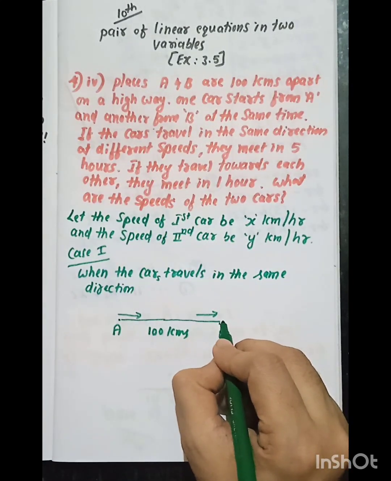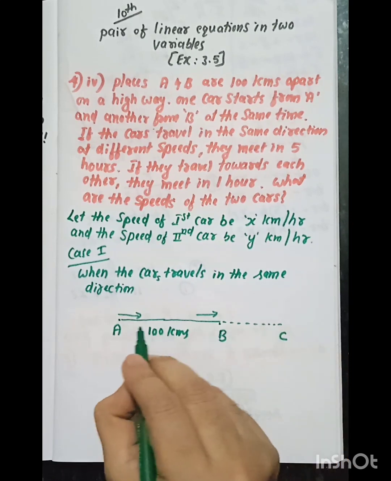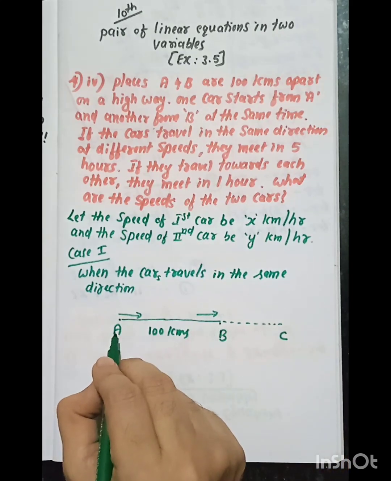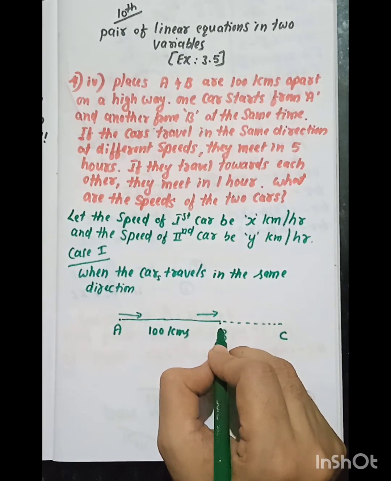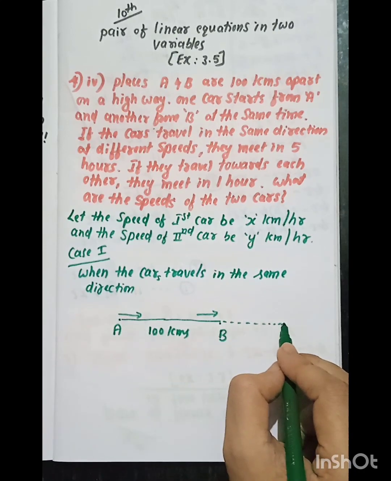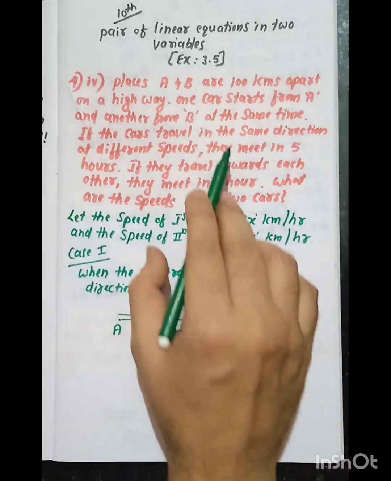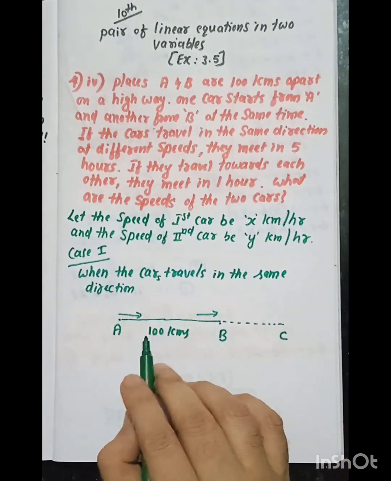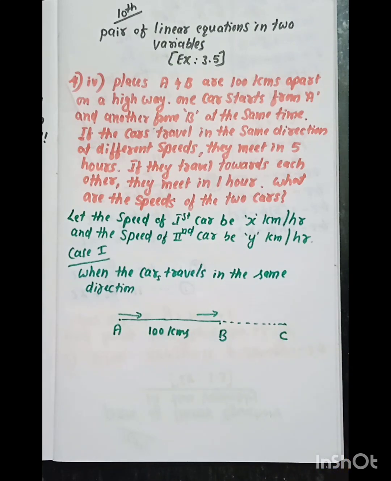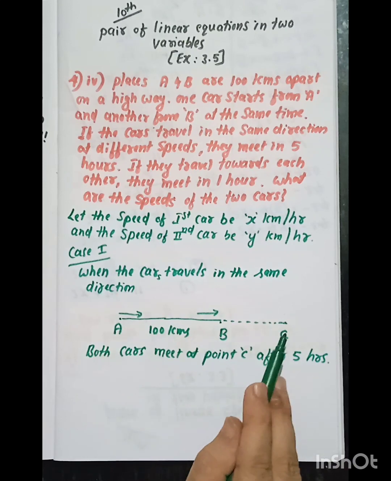So let's take place C. The first car starts from A, the second car starts from B, and if they move for 5 hours, they meet at place C. It is clearly given that they meet in 5 hours. So both the cars meet at point C after 5 hours.